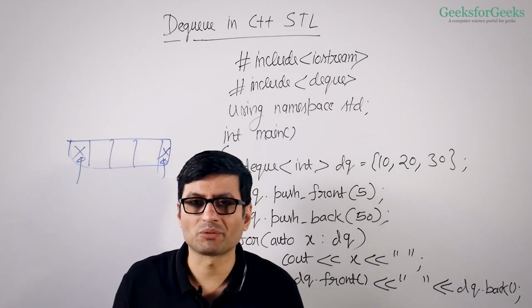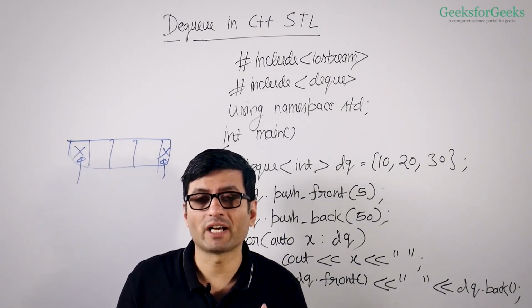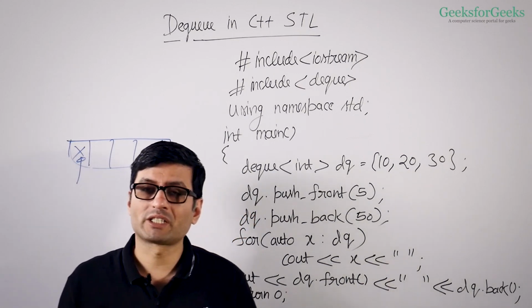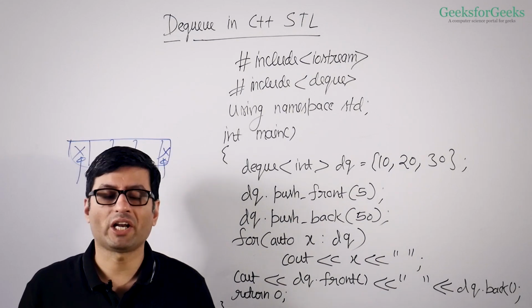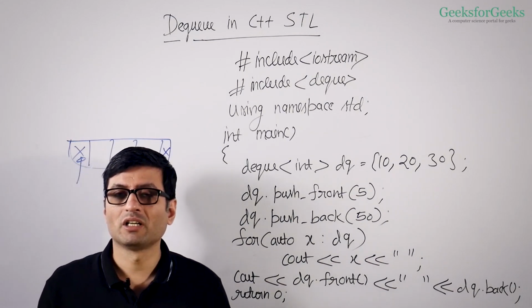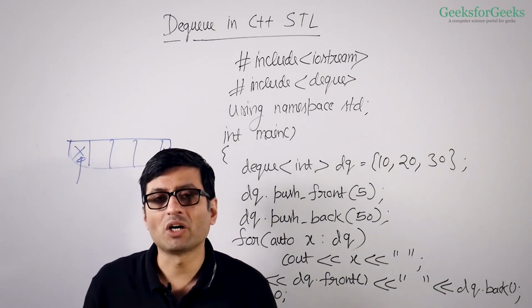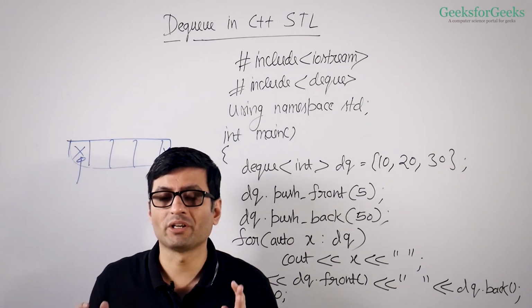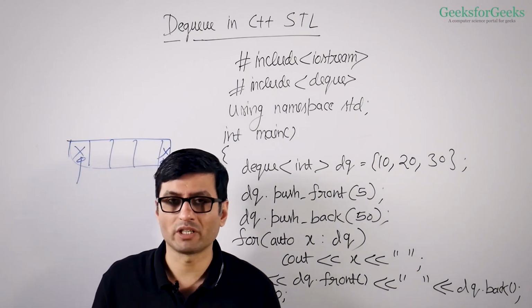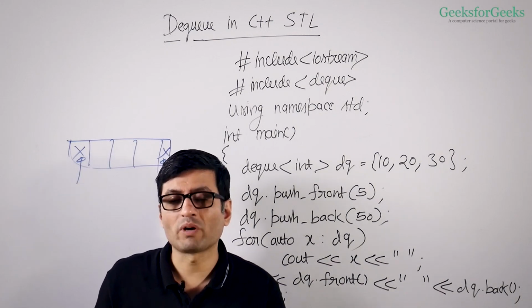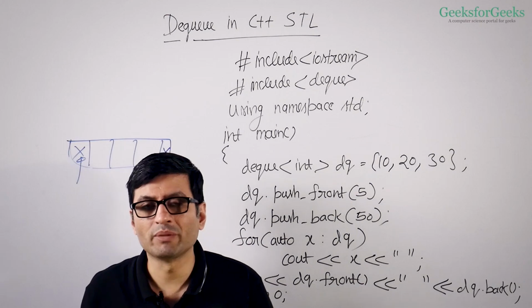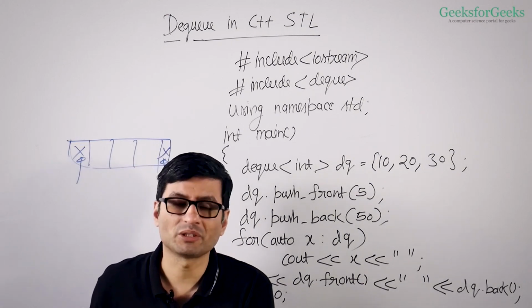In most of the other languages, it's implemented as a doubly linked list. But C++ STL guarantees a few extra things, like it allows you to have random access. It allows you to do an arbitrary number of insertions in big O of one time, which is not provided by Deque implementations of other languages typically.